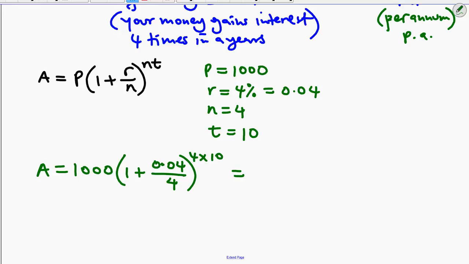You can simplify this as 1,000 times 1.01, because that will be 0.01 plus 1, to the power 40. Now, if you plug that into your calculator, you should be able to get 1488.86.